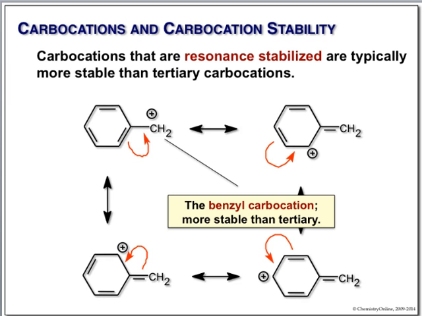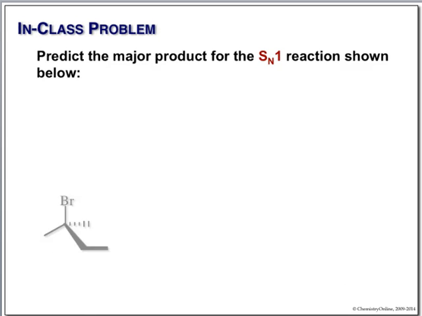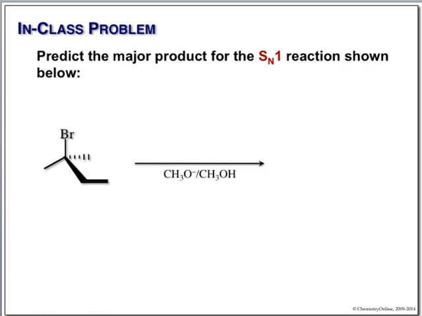We've said all these things all semester, and so some of this should be fairly familiar, right? All right, here I'm going to take this compound. I'm going to do a simple SN1 reaction.